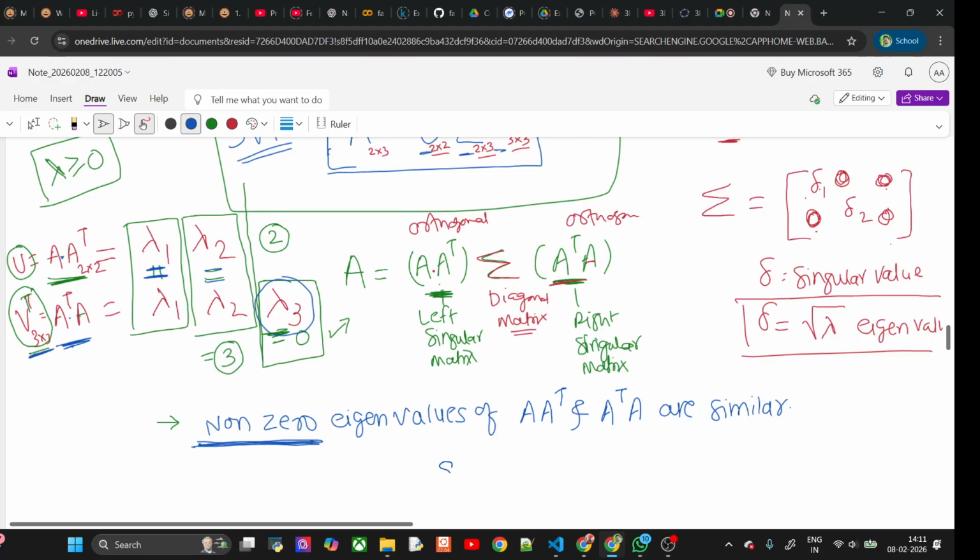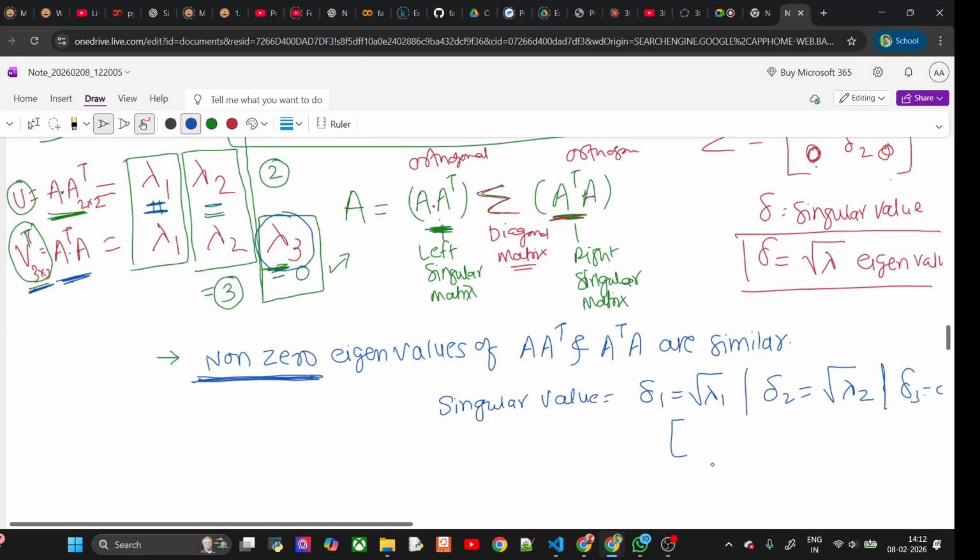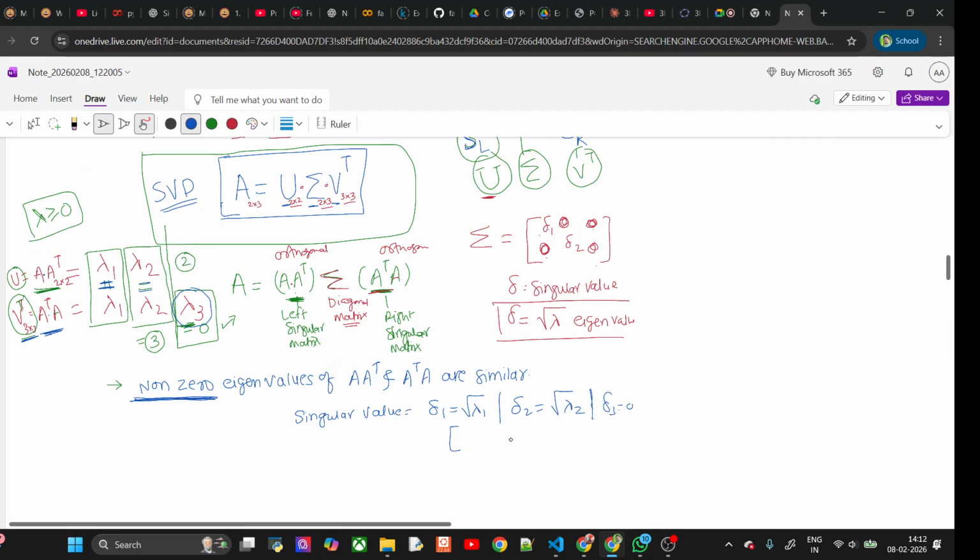And if you want the singular values of this one, if you calculate the singular values, sigma 1 is equal to under root of lambda 1, sigma 2 is under root of lambda 2, and sigma 3 is coming as 0. So whatever matrix you now have here is sigma 1 0 0, 0 sigma 2 0.